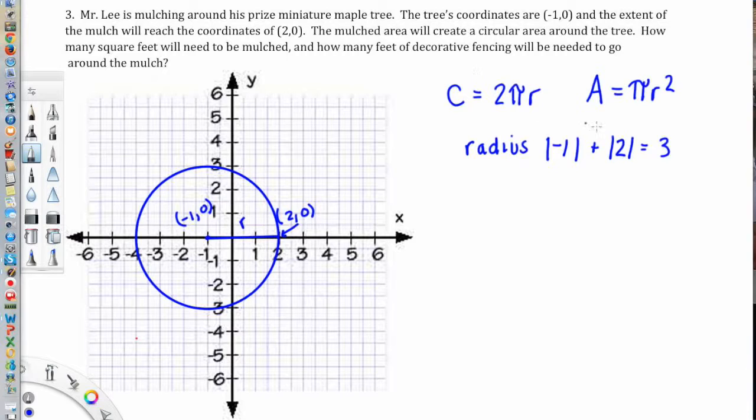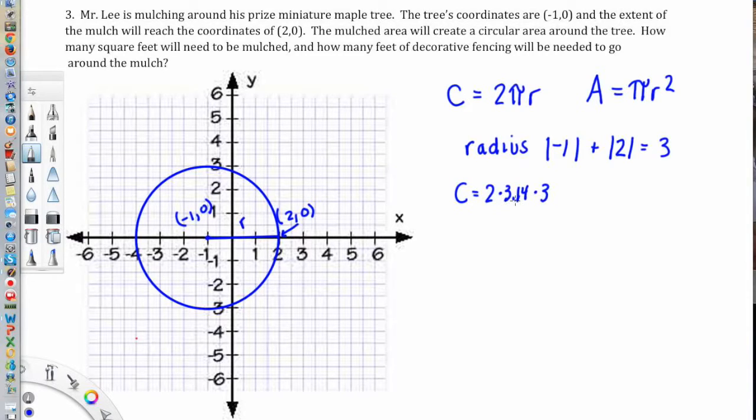So now we can get to work. Our r is 3, so we're going to substitute r with 3. And while we're at it, we're just going to approximate pi to be 3.14. So circumference is equal to 2 times 3.14 times 3.